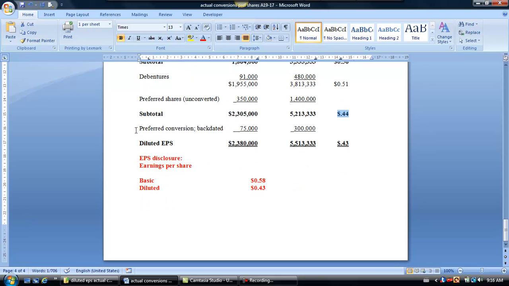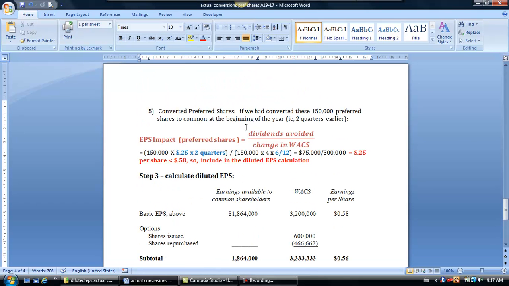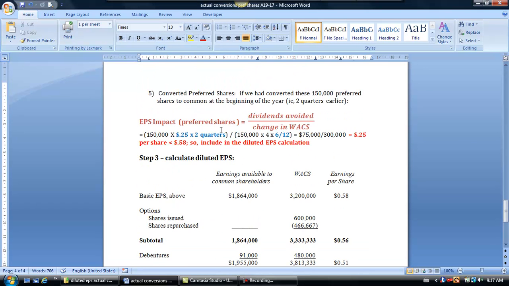But now we have to go back to those preferred shares that we converted. Don't forget them. If we had converted them 6 months earlier, what we said is that we would have avoided dividends 2 quarters earlier, right? Because we converted them July 1st, all we're saying is, what if we had converted them two quarters earlier?